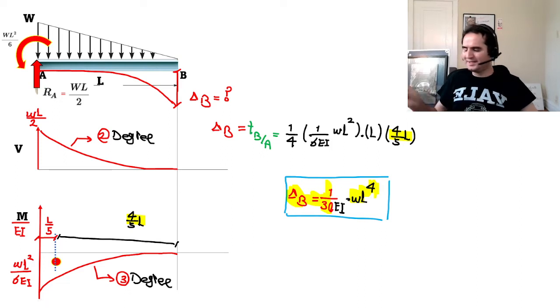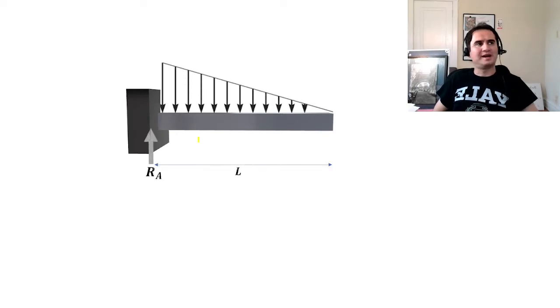And that's an interesting result as well. If you make a comparison between different beams, for example, we had the same cantilever beam we studied in a previous example. Let me double check it.